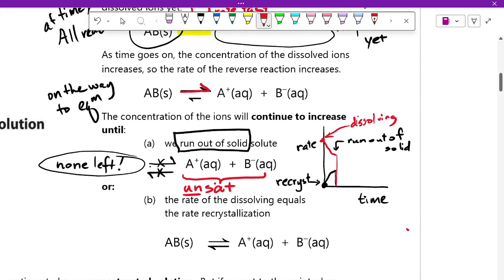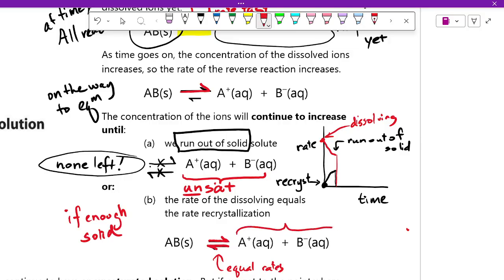But if we have enough solid, then these two rates are eventually going to be equal, and the solution is going to be saturated.